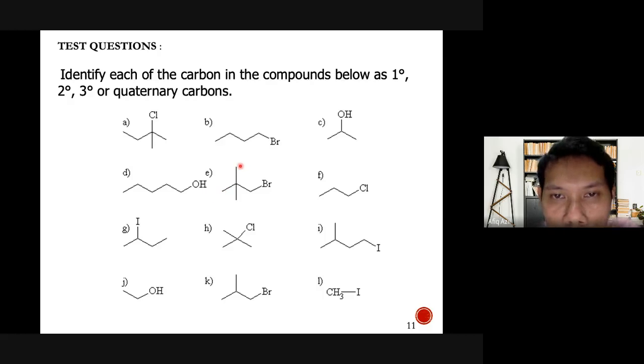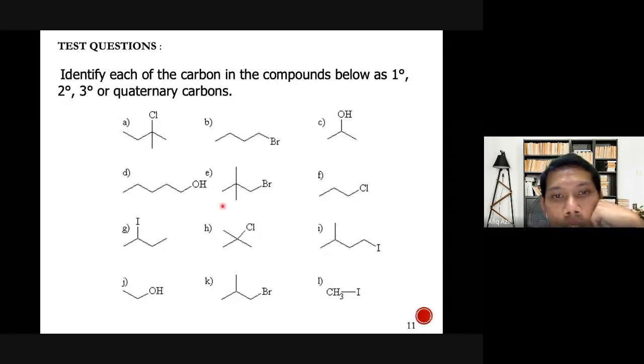But nonetheless, each of these ends represents one carbon. So one carbon, one carbon, one carbon, one carbon, one carbon. Unless a functional group is present, it will be drawn like this: Br, OH, chlorine, I, chlorine. If you see something like this in skeletal form, each end or angle will represent one carbon. Okay?